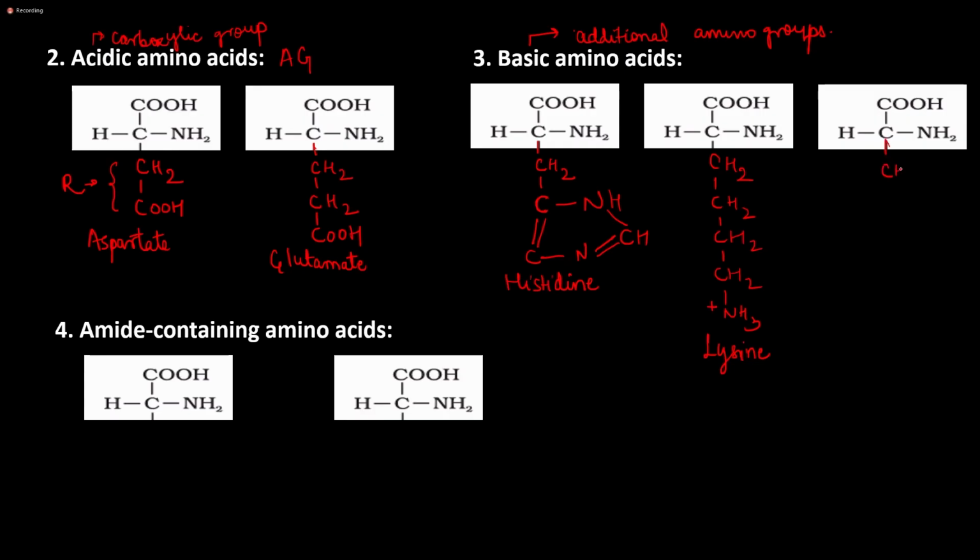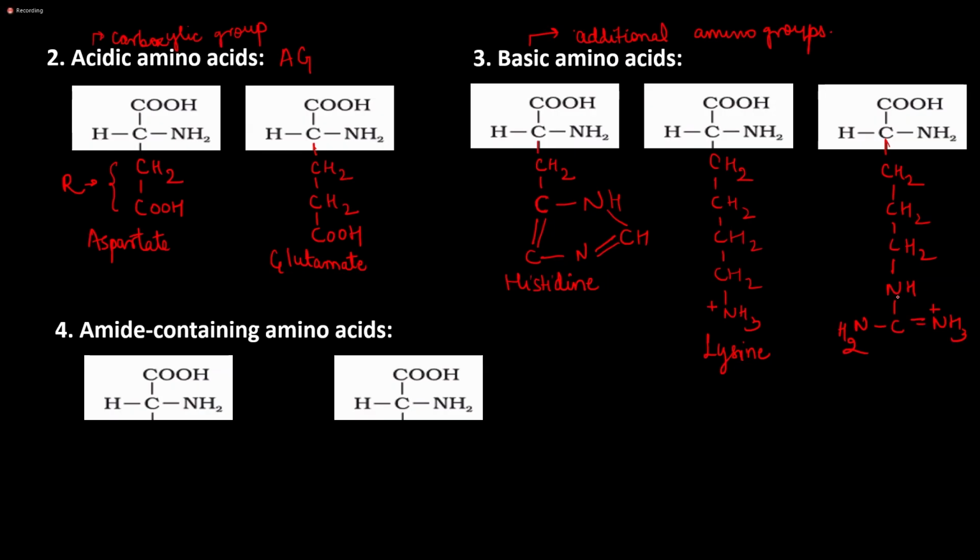Arginine again will have CH2 just like lysine. It also has 4 carbons, but there is one difference. You have 3 consecutive CH2, and then you have the amino group. So you have 4 carbons just like lysine, but the arrangement is different.